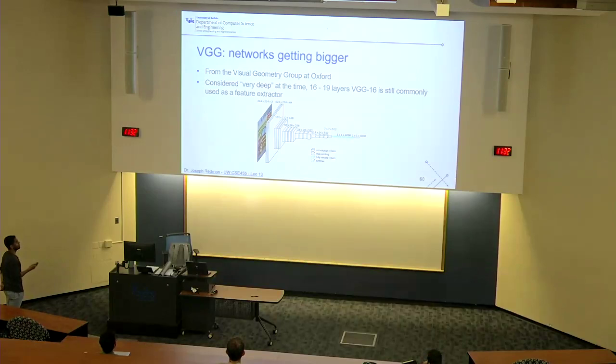VGG16 is the popular one. And this is typically used as the feature extractor. So depending on whatever problem you're trying to solve, which could be something very different from what it was originally designed for, we know that this is very effective at extracting features.